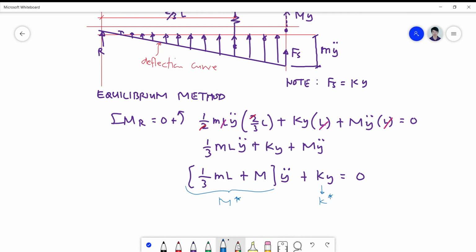And this is an example now of the differential equation of motion of a free undamped SDOF system.